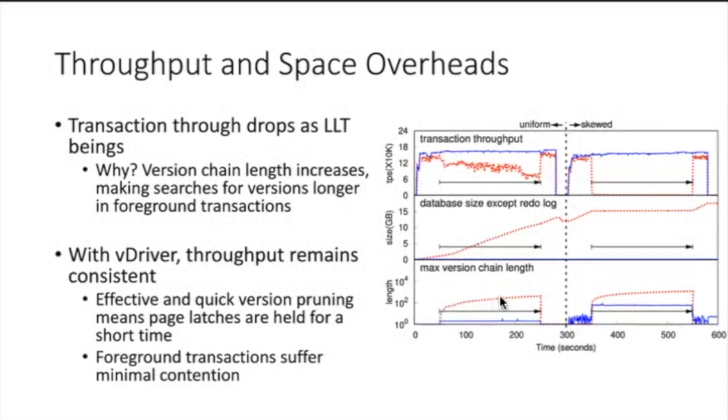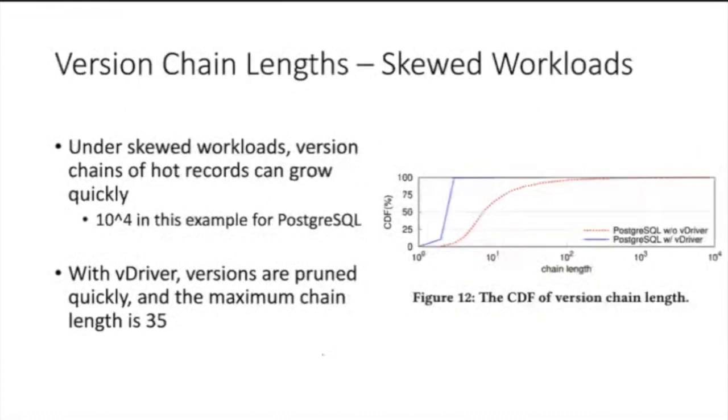In MySQL, at least in the uniform case, some of the version chains could be over 100. But with vDriver, I'm not sure of the exact numbers, but I think it's down to like 20 or 30. With a much shorter chain, when we're searching for an old version, we need to hold the lock on the page for much shorter. So the transactions in the foreground can proceed very quickly while there's a long transaction in the background.